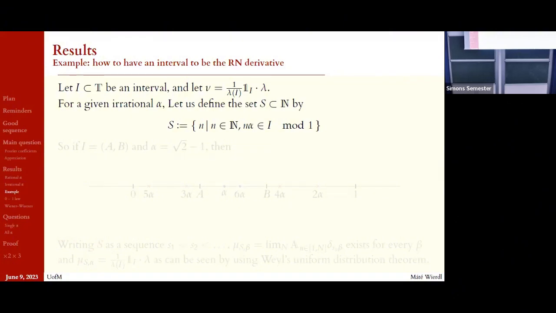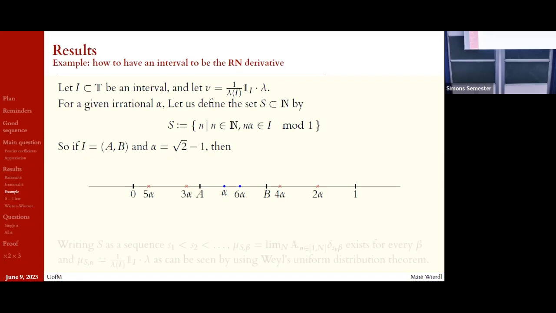Okay, so here is a picture because I am extremely visual. For example, if the interval has endpoints a, b, and alpha is actually square root of 2 minus 1, although you cannot really see that.